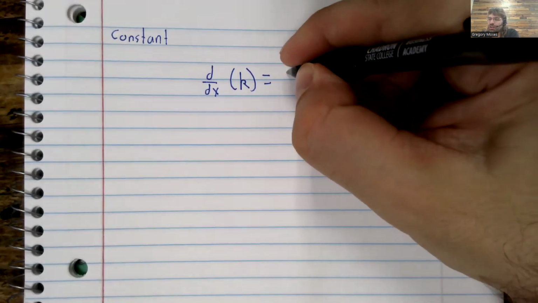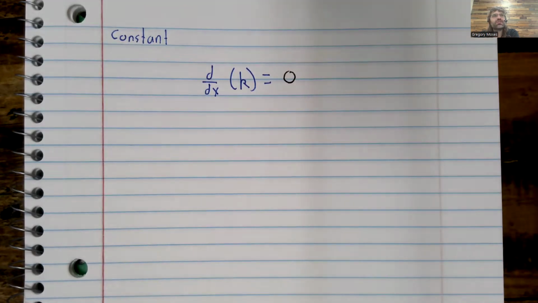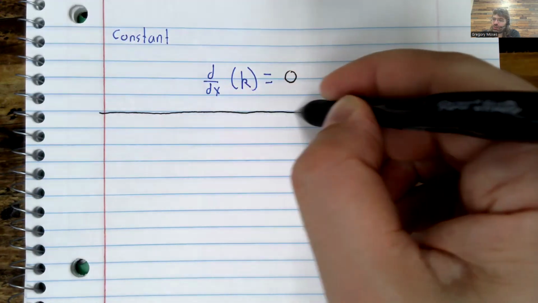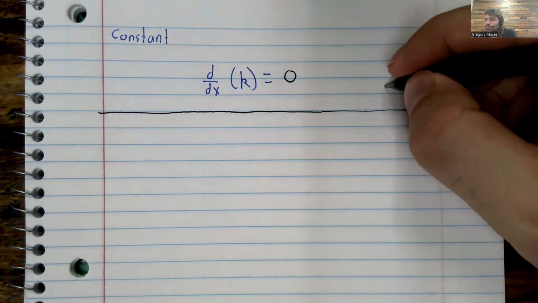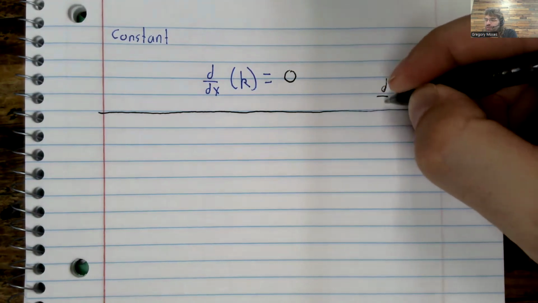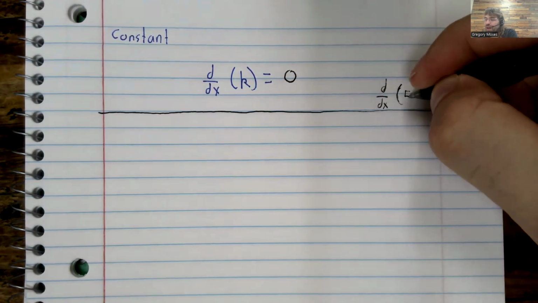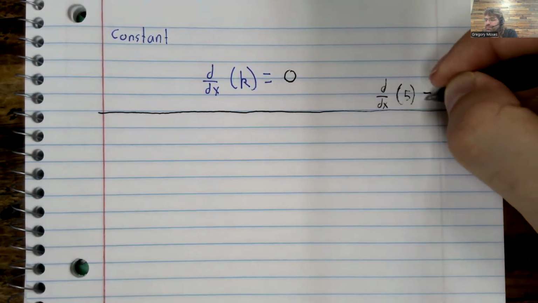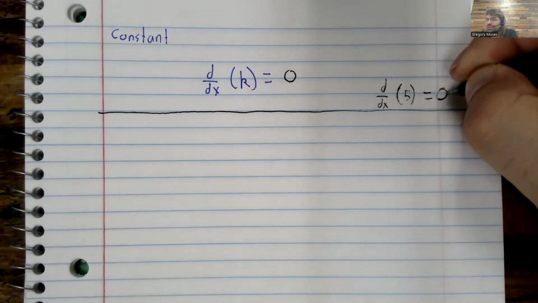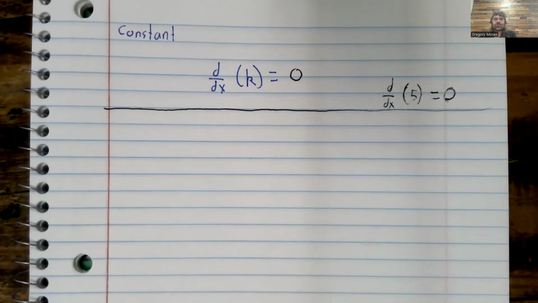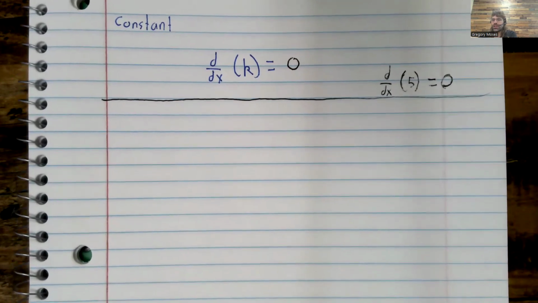So the rate that a constant function is changing at is zero. And there is our very first rule. So the derivative of the constant function 5 is 0.